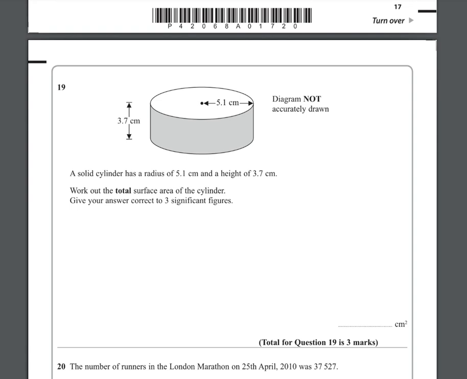A solid cylinder has radius of this and height of this. Work out the total surface area. So that means the area of the whole lot. So there's an area on the top, there's an area on the bottom, which is going to be the same as the area on the top, and then there's this area, so it's the amount of wrapping paper, as it were, that you get from this one.